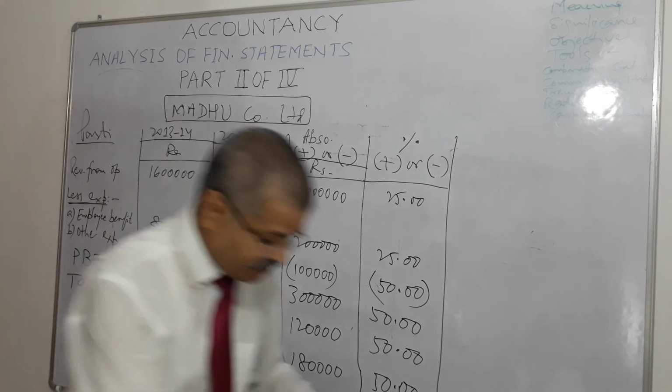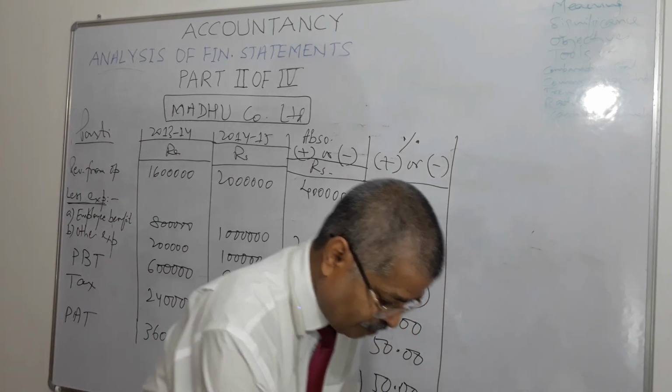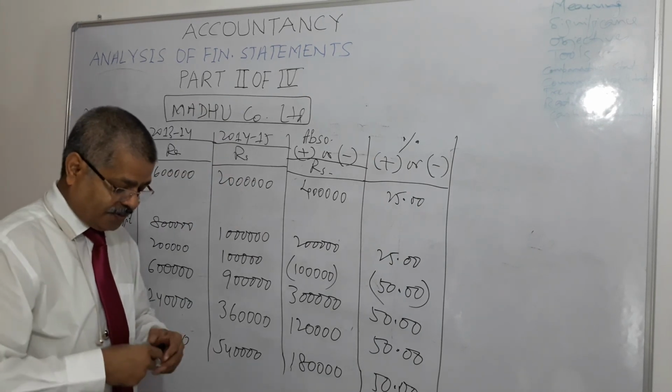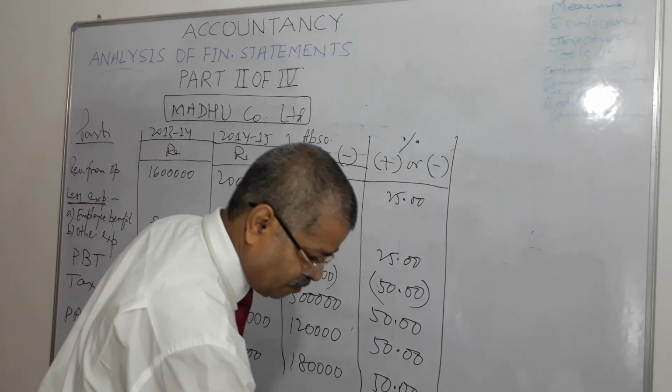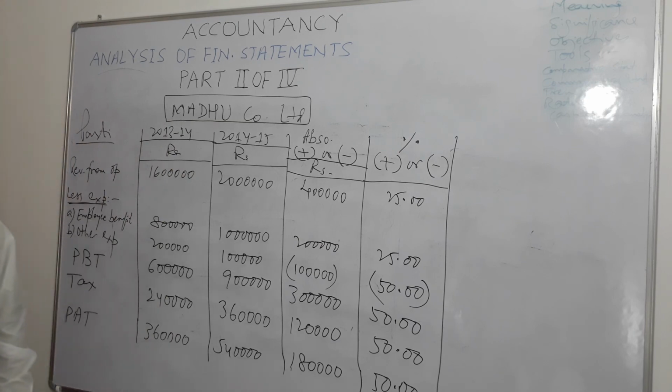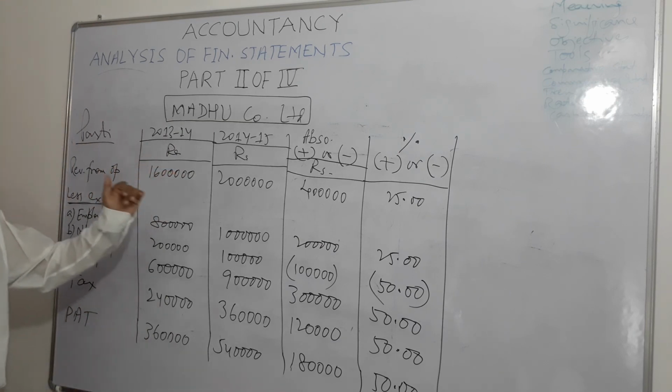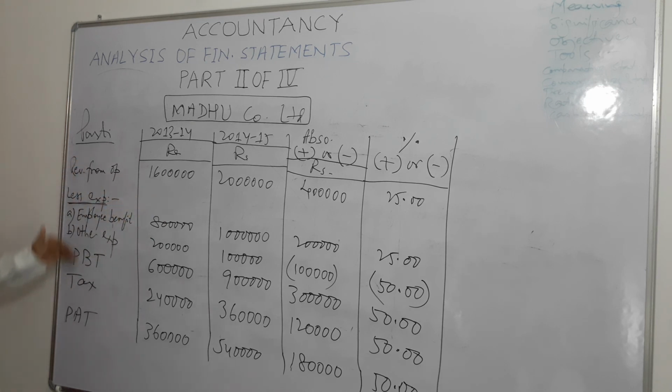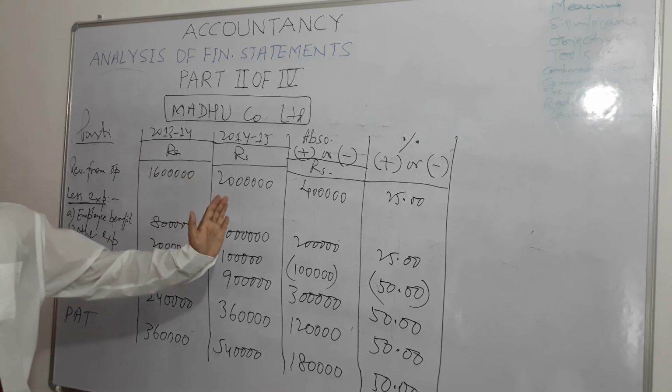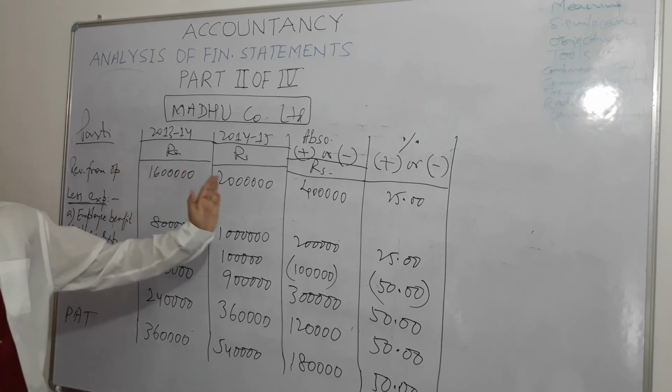What is the comparative statement? We have already discussed. Either balance sheet or profit and loss statement of a firm or a company for more than 1 year. So we compare the various items of profit and loss over a period of time and we see how it has moved.